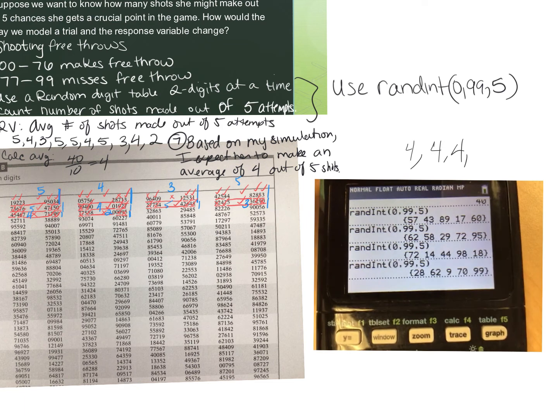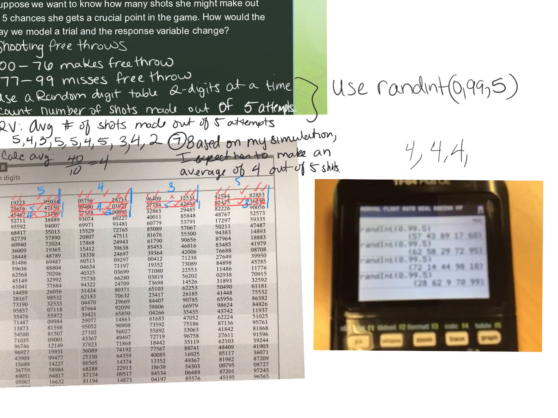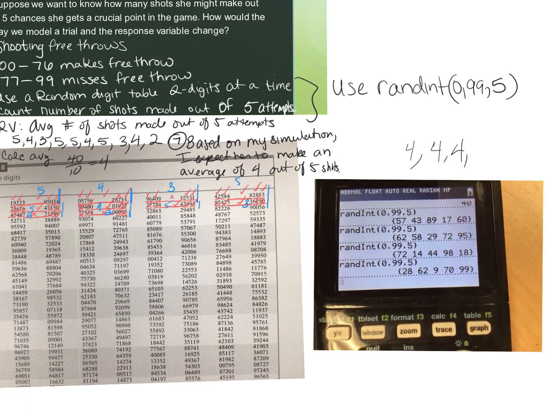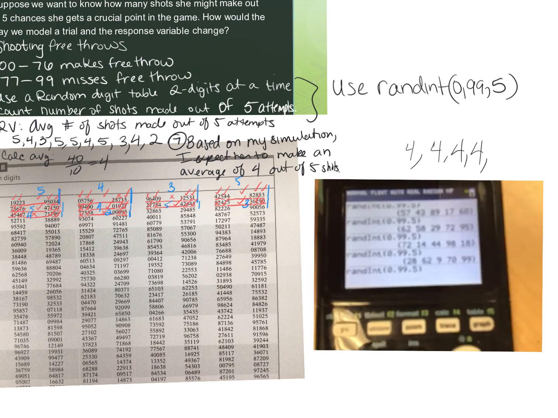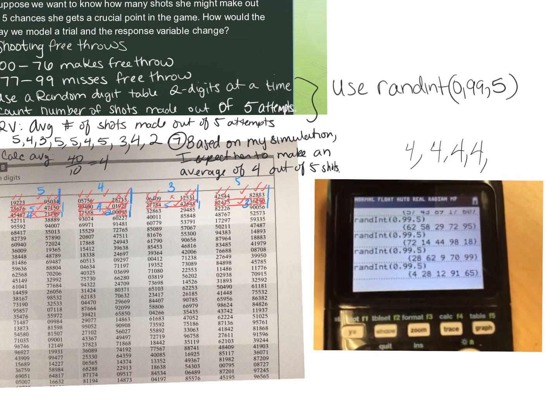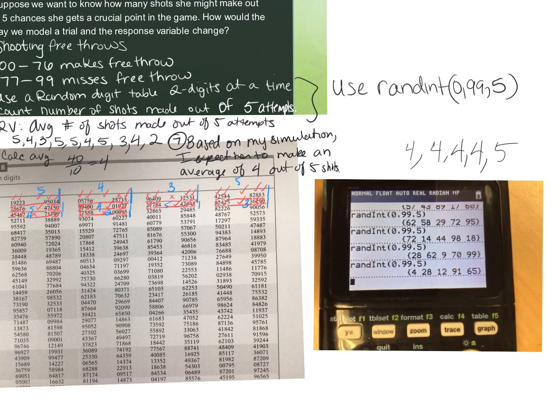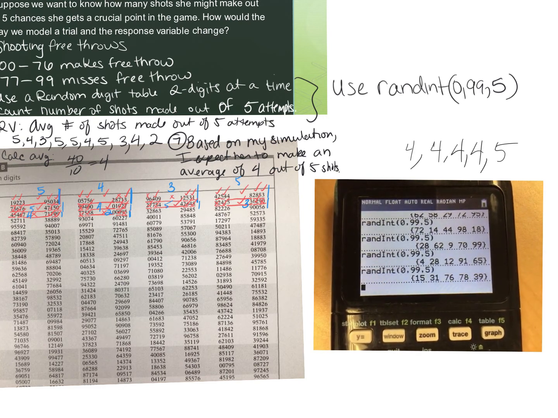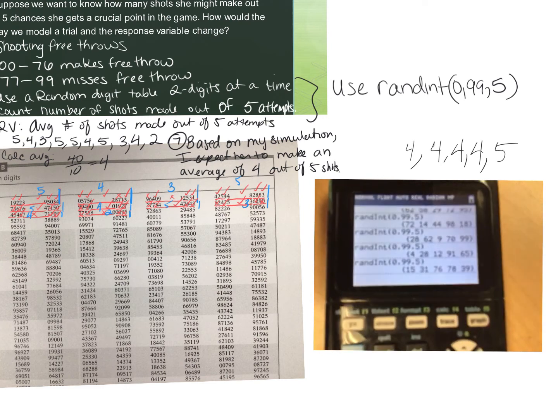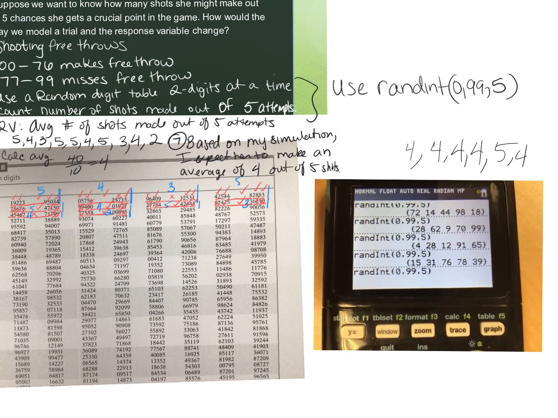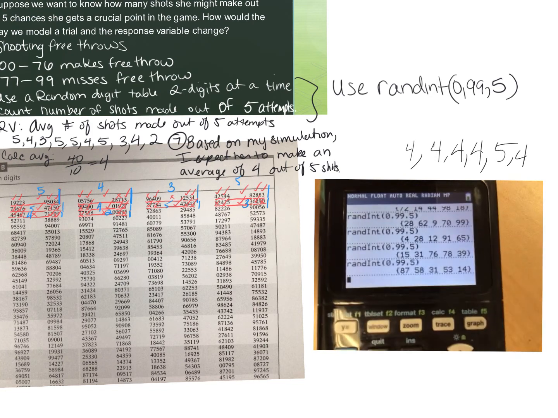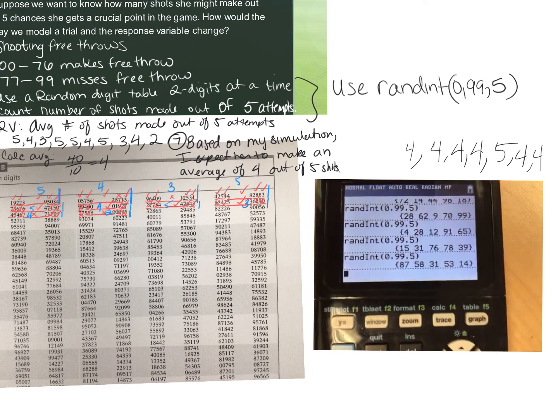How many is this one? 28, 26, 9, 70, 99 is a miss. 4 again. Hit it again. There we go. I got all 5. That's 4 again. Here, 87 is a miss, so that's 4 again.